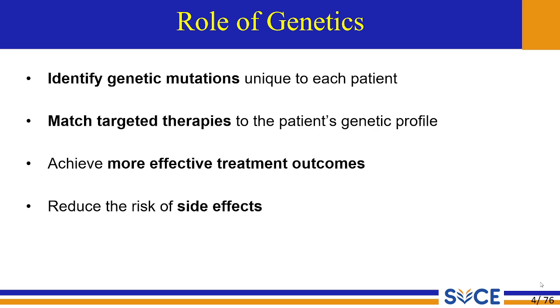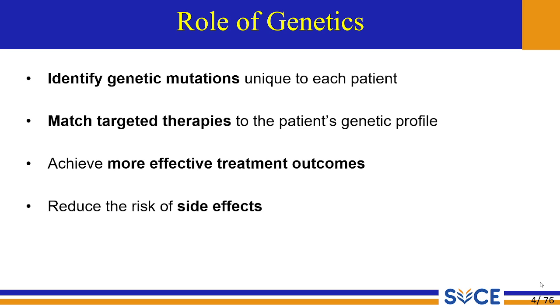Sometimes that typo can lead to illness, and knowing exactly where it is makes all the difference. Second point, match targeted therapies. Once we know the mutation, we can match targeted therapies to that specific genetic profile. It's like using a custom key that fits only your lock, ensuring the treatment directly addresses the problem instead of using a generic approach.